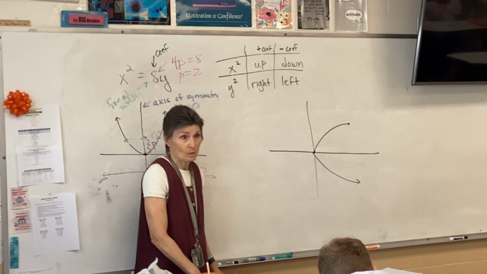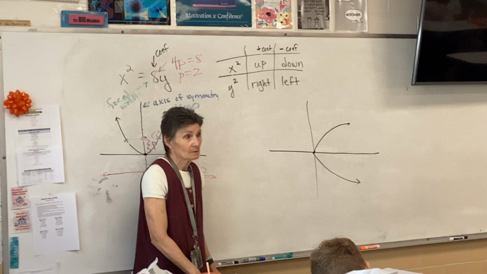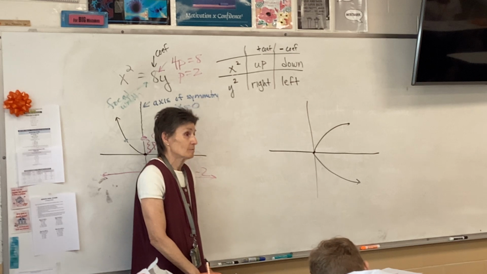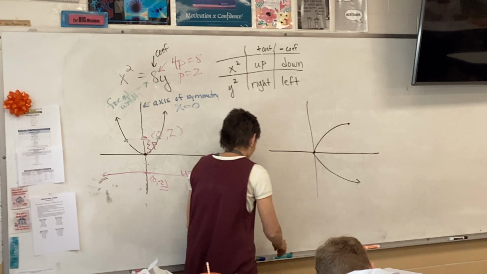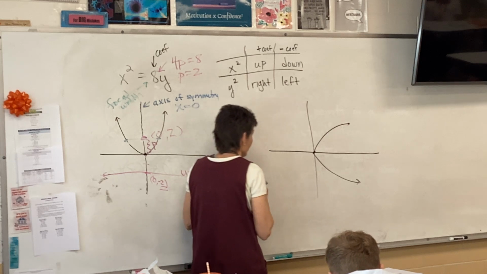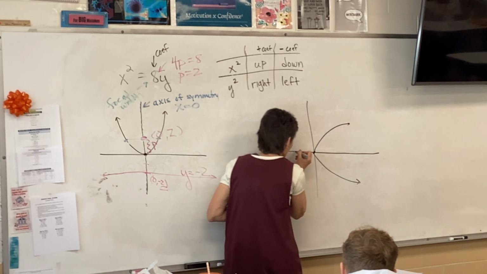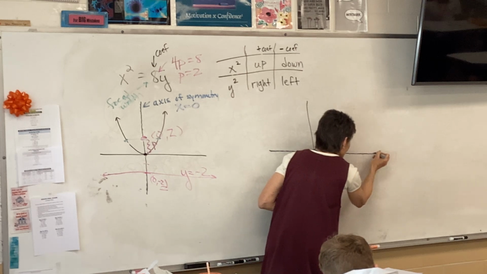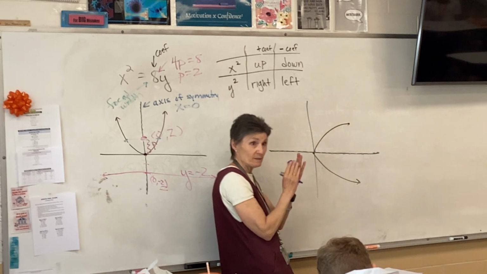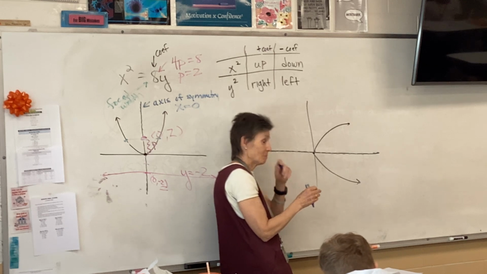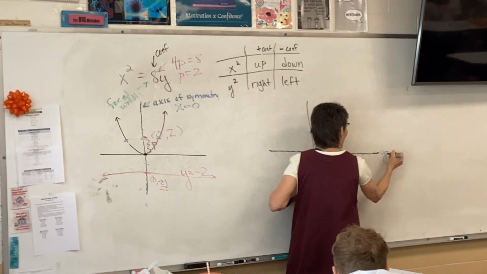No added or subtracted. So I'm right at the origin. This time, would you agree that this is my axis of symmetry? That if I folded it, that would be the crease this time? And that equation is y equals 0.